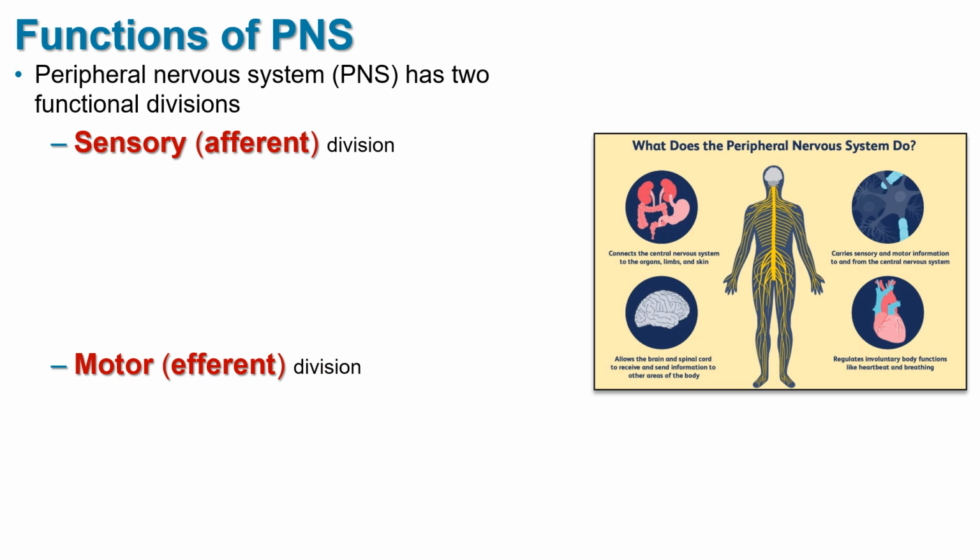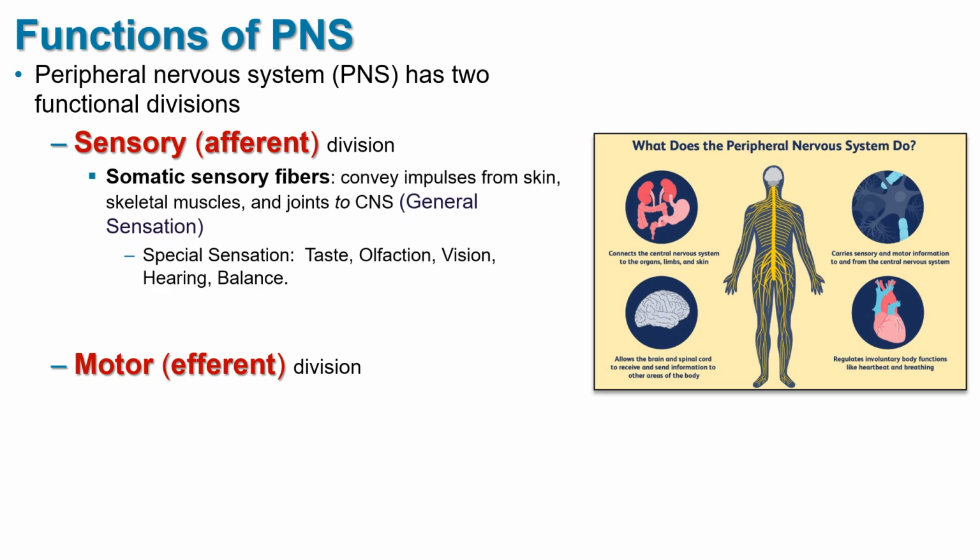And within the sensory, we have a couple of subdivisions. We have what are called the somatic sensory fibers, and these are general sensations. So these include pain, balance, taste, olfaction, that sort of thing, position in space, etc. We also have what are called visceral sensory fibers.